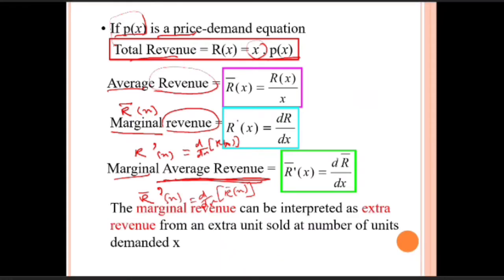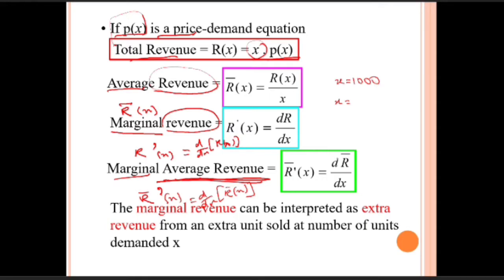Marginal revenue is the extra revenue from an extra unit sold at a number of units. From the previous example discussed in tutorial 3, the handphone company, let's say the handphone company has produced 1,000 units, and we would like to know what is the marginal revenue if the company has sold 1,000 units of handphones.